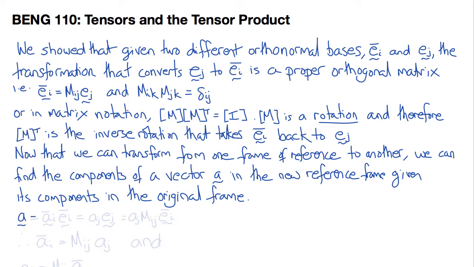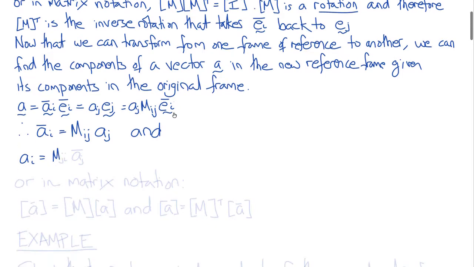So the vector A has components Āi in Ēi and Aj in Ej, and therefore A equals Aj times Mij times Ēi. In other words, the components of the vector in the two frames of reference are related by M, so Āi equals Mij times Aj.